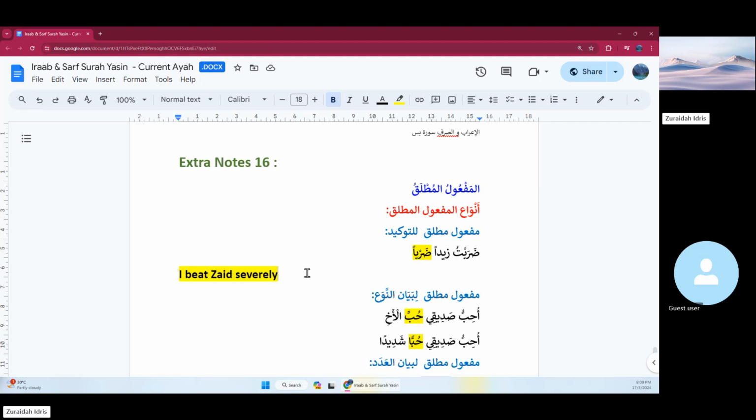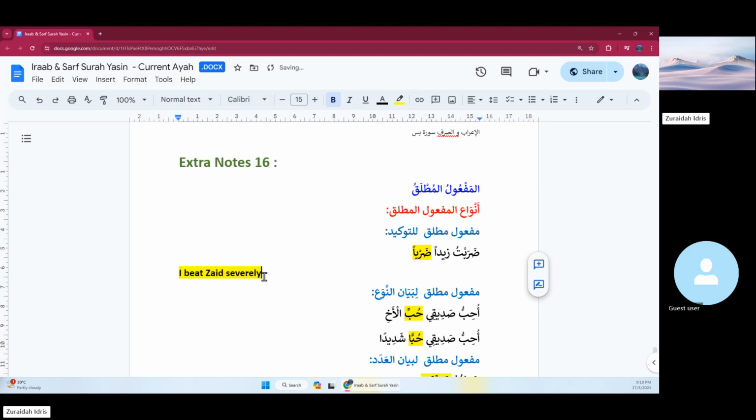But a good English translation just translates what is happening, meaning that it's really giving him a heavy beating. So one way to translate is I beat Zaid severely, for example. Or as you said, I gave Zaid a terrible beating. That can also be acceptable, inshallah.